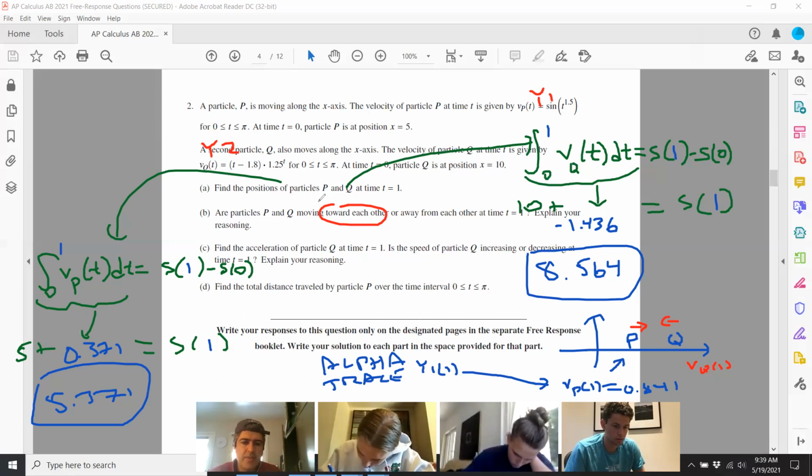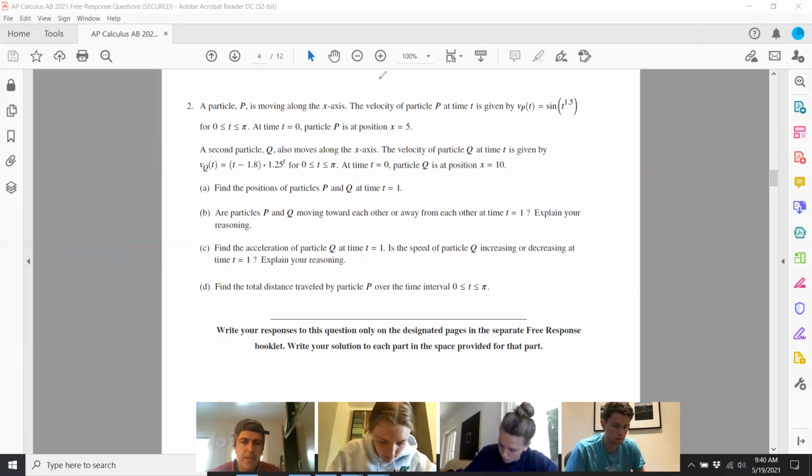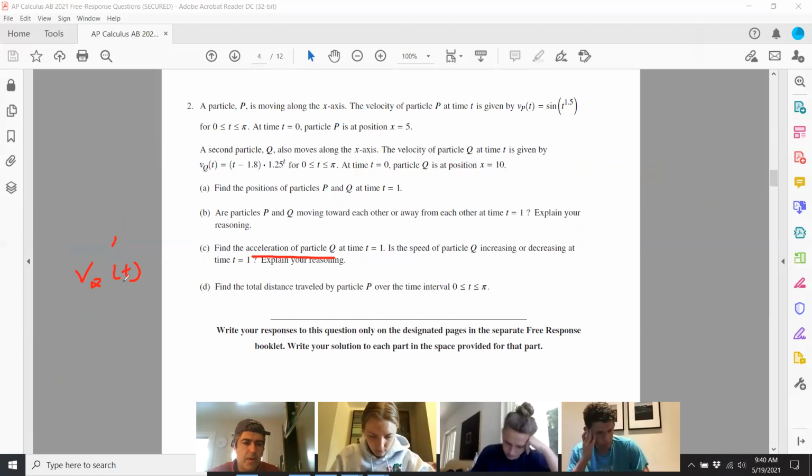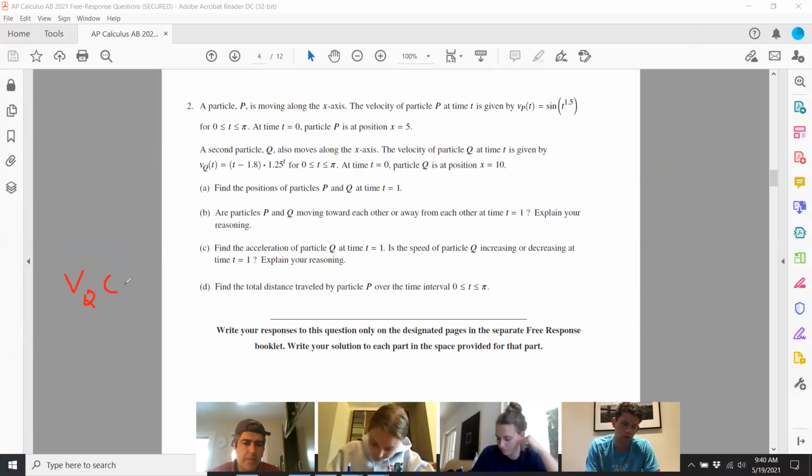Okay, find acceleration. And they just want it for Q. And then they're asking you, is it increasing or decreasing? So I'm guessing it's also worth probably 2 points. Okay, I'm going to clear my drawings. Acceleration is going to be velocity, so you need to do VQ of t prime, or actually, just plug in 1 straight up.